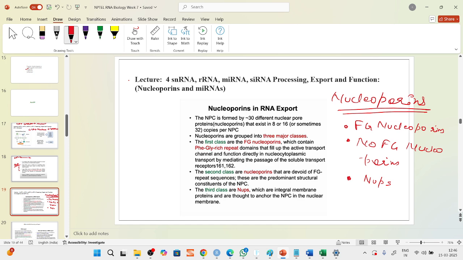The second class is nucleoporins that do not have FG, and they are predominantly structural components of the nuclear pore complexes. And the third is the NUPs, which are integral membrane proteins and are thought to anchor the nuclear pore complex in the nuclear membrane. So the nuclear pore complex is attached to the nuclear membrane with the help of these NUPs.